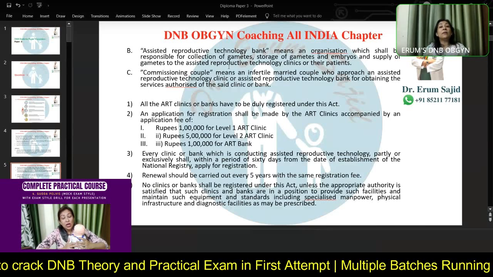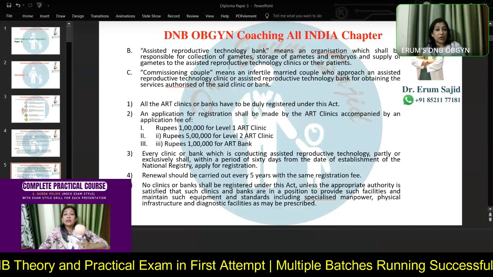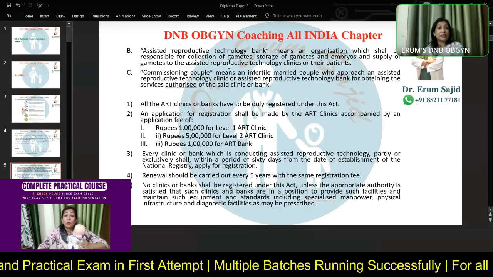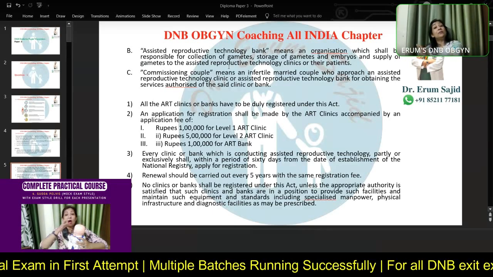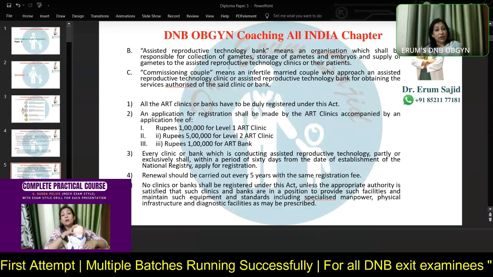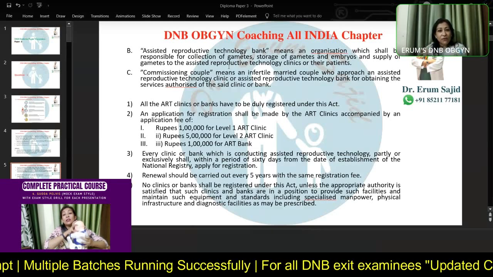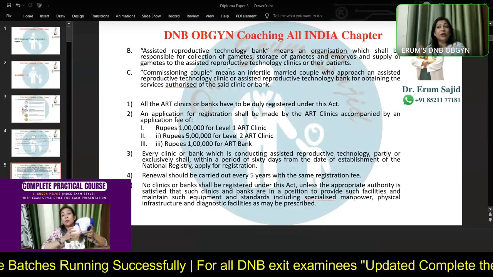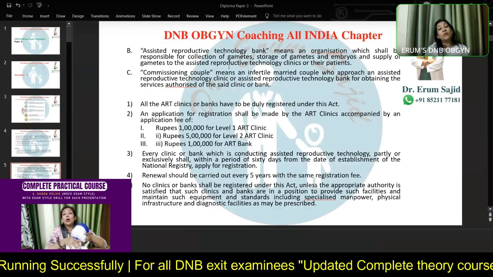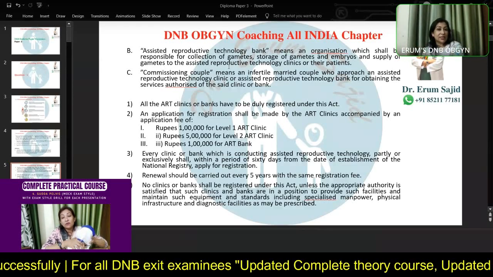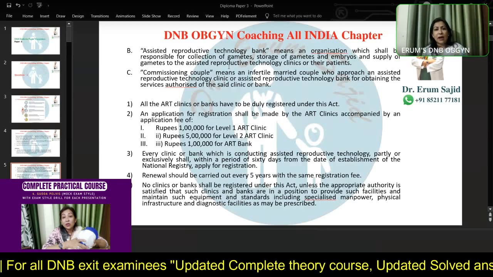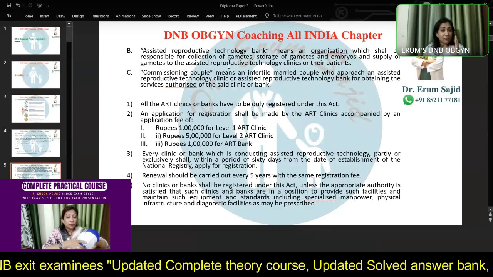In the same way, this is like adoption only, right? You're donating it, the other party is taking it, so it's at a very incipient stage, the cellular gamete level is starting. So you have to be very, very specific there as well. If adoption becomes very important, so does this. If you start commercializing this process, you go into very bad hands, right? So you have to have a law there.